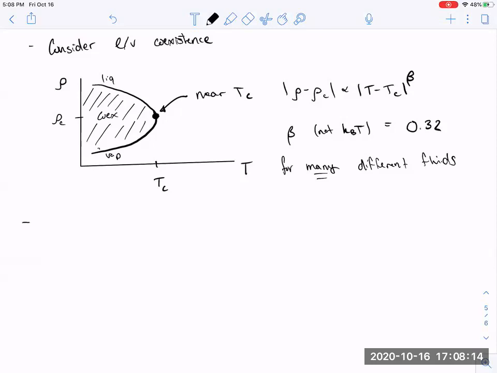Let's consider a different phase transition. Let's consider a binary mixture, say of two fluids, and let's plot the temperature versus composition.